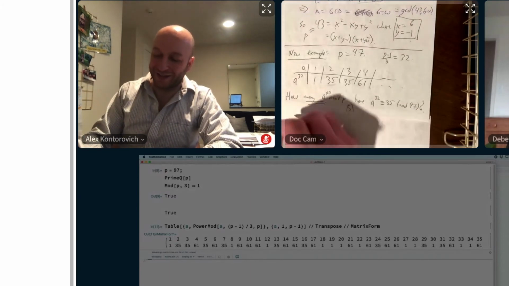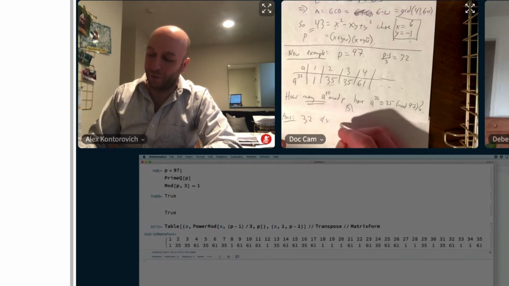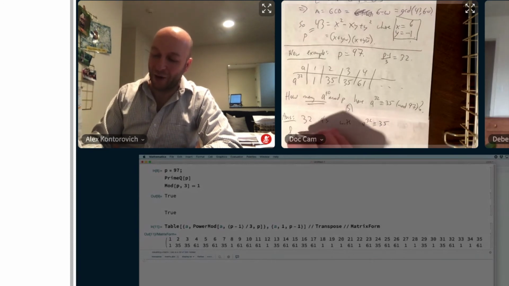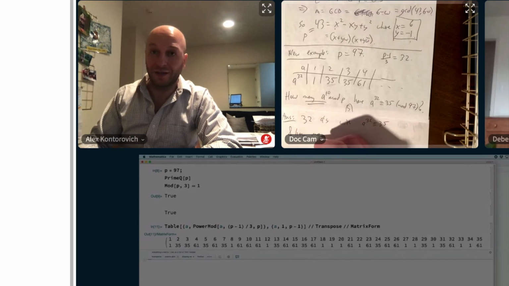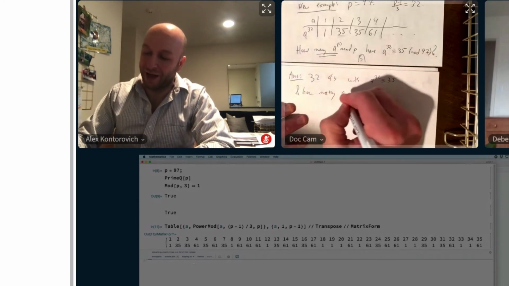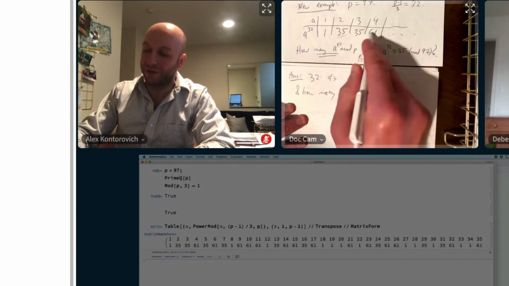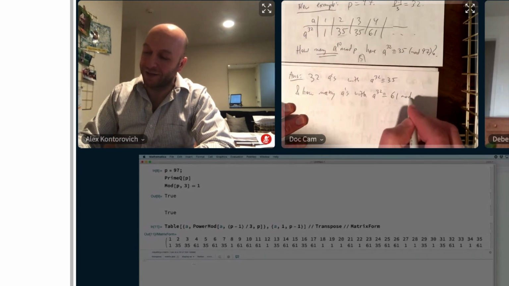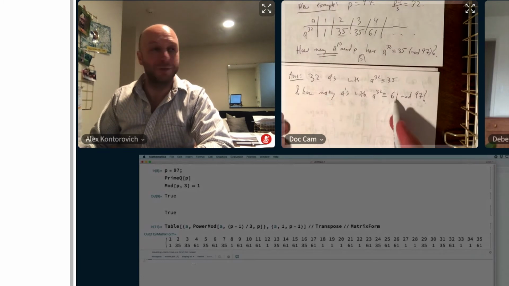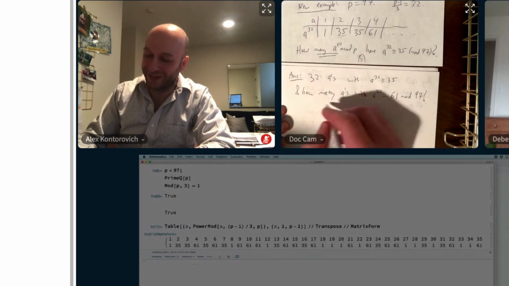So the answer is that we'll get 32 a's with a to the 32 equals 35. And how many a's with a to the 32 equivalent to 61 mod 97? How many 61s will we see in this table? Another 32? Yep. Again 32.